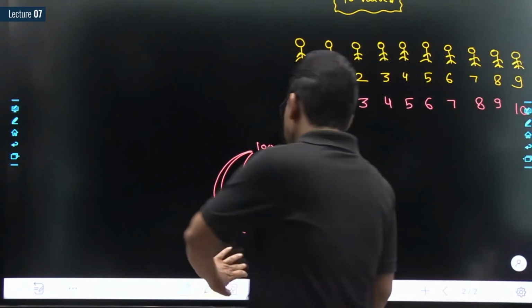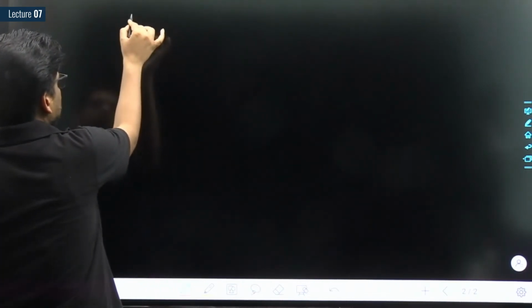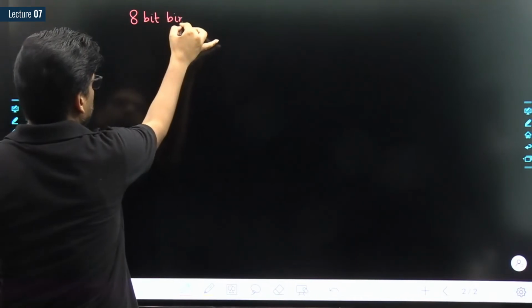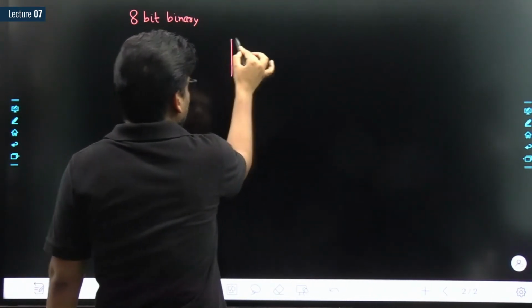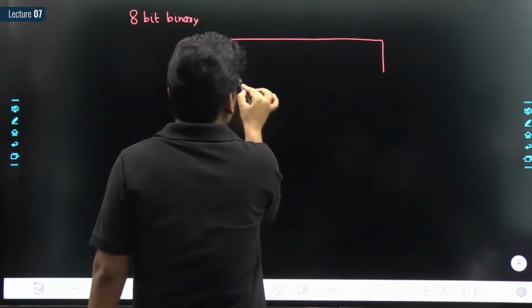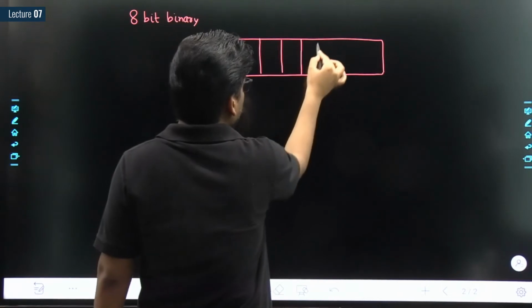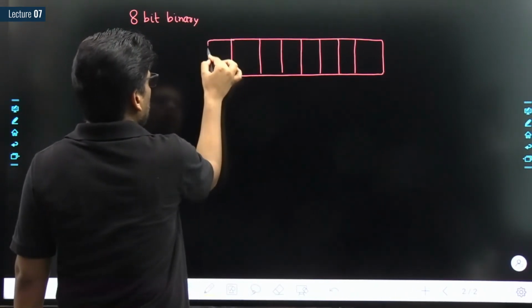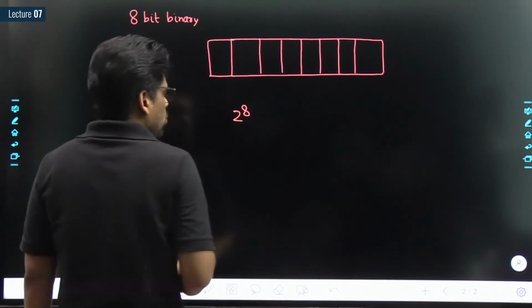Okay, sir. That means, sir, let us suppose I have an 8-bit binary number. In 8 bits, how many values can be created? How many total possible values? Sir, 2 to the power 8. What is 2 to the power 8?